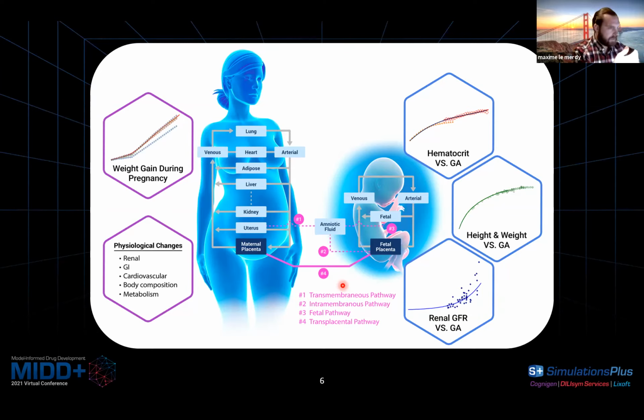But before we could release that model, we went through a round of validation, and that's what I will be presenting in the next case studies. 2 validation cases, the first one for an API that is mostly eliminated by the kidney, and then for an API that is mostly eliminated by the liver.